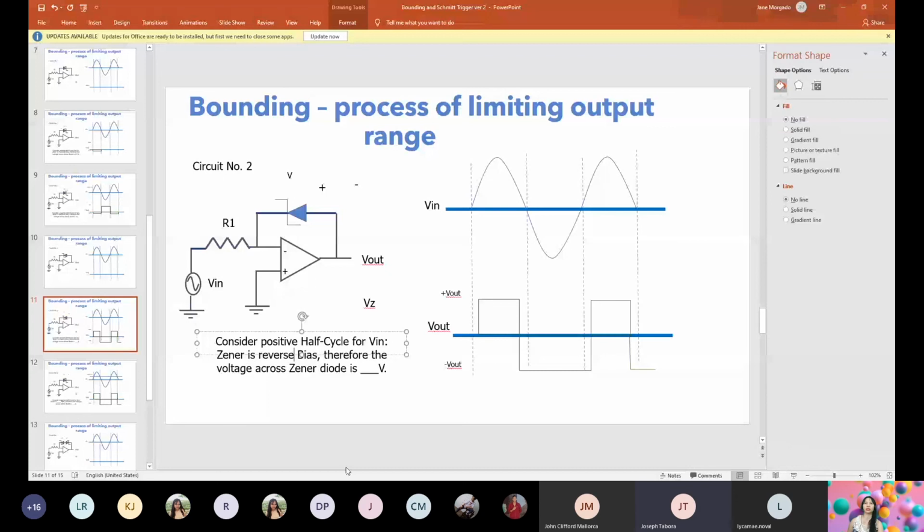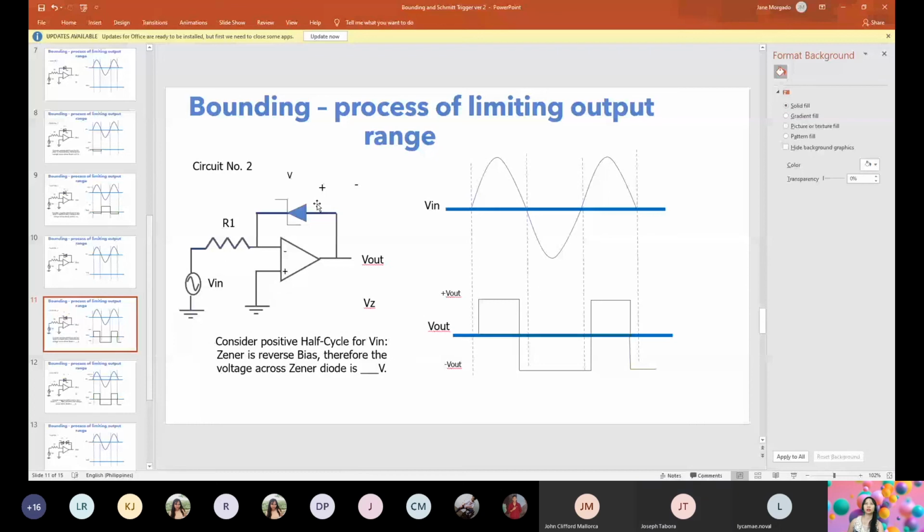Therefore, the voltage across the zener diode is equal to Vz, the zener voltage, if you have a reverse bias.